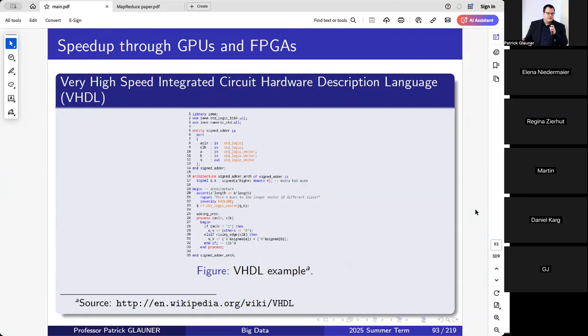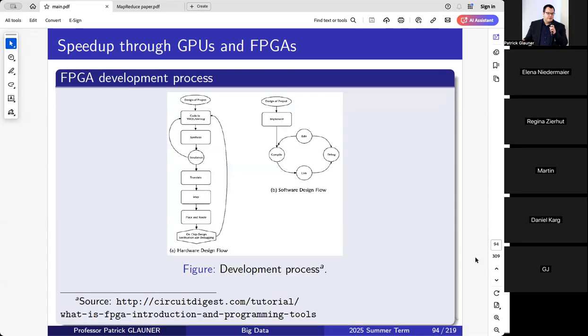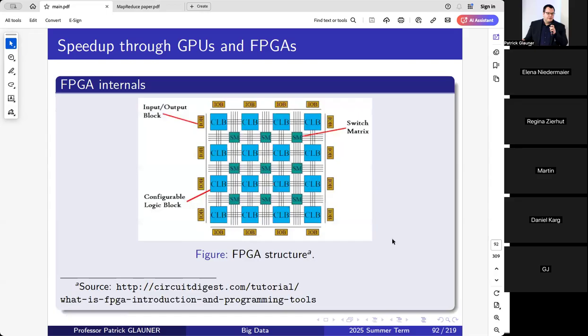So I use VHDL or Verilog as an alternative to not write source code, but rather I use it to define how the hardware would behave. So I'm implementing behavior. And this will not be run on the chip, but rather you will use a tool chain to map what you have described on the exact architecture.